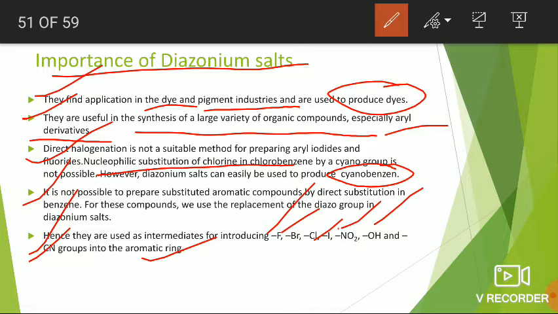Okay, fine. This is about the importance of diazonium salts.